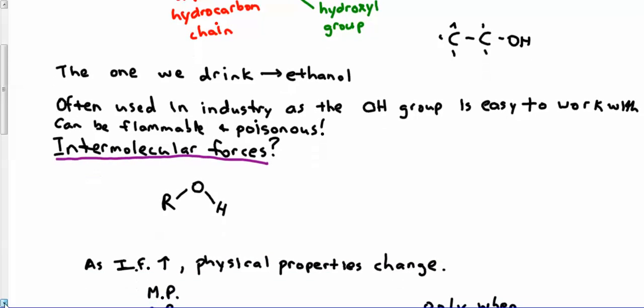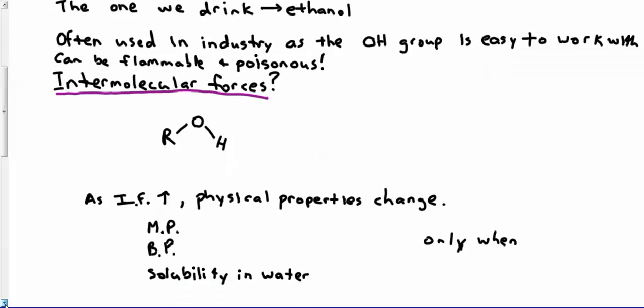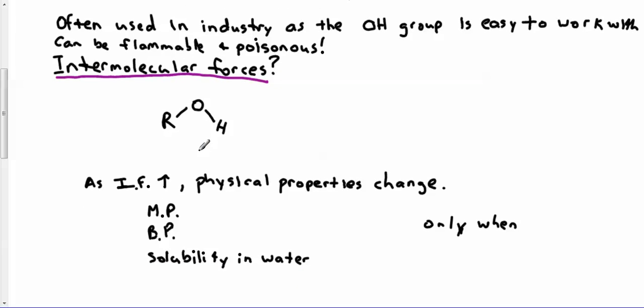Intermolecular forces. What type of intermolecular forces occur between alcohol molecules? There's 3 types. There's London dispersion, there's dipole-dipole, and there's hydrogen bonding. And hydrogen bonding occurs when I have an H attached to an O, N, or F. And since I have an H attached to an O, I'm going to get H bonding here.